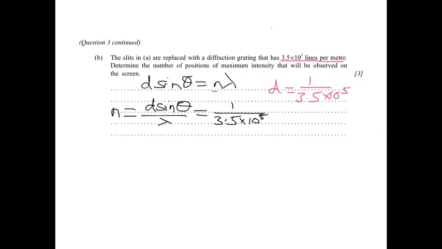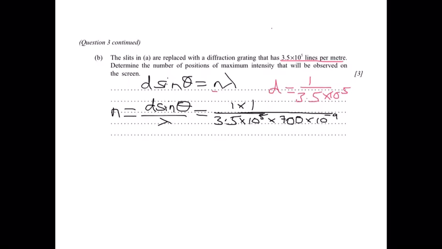So we're going to put theta equal to 90. So if theta is equal to 90, sine theta becomes 1, so we can get rid of that, or just put times 1 there to remember that we've done it. And then we need to put in the wavelength. That goes down on the bottom, and it was 700 nanometers.